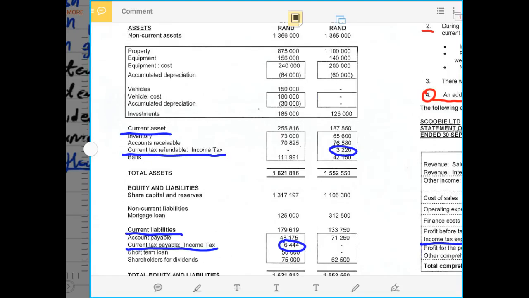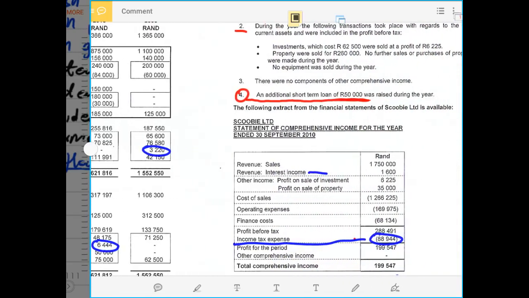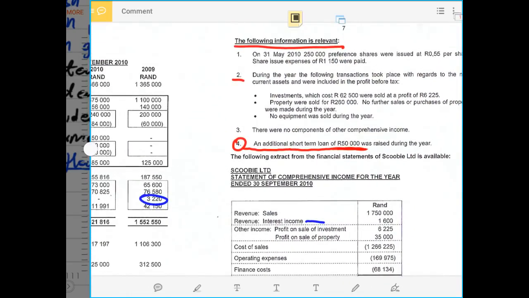So now let us look if we sold any asset or did we buy any asset? Did any money come into the business because of the sale of any asset, or did any money go out of the business because of any purchase of an asset? Now we know that additional information number 1 was based on the financing activities.